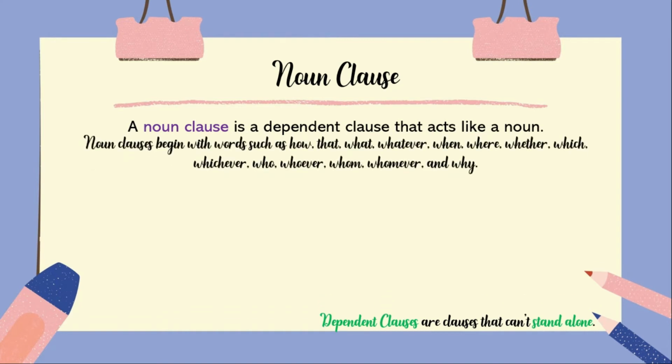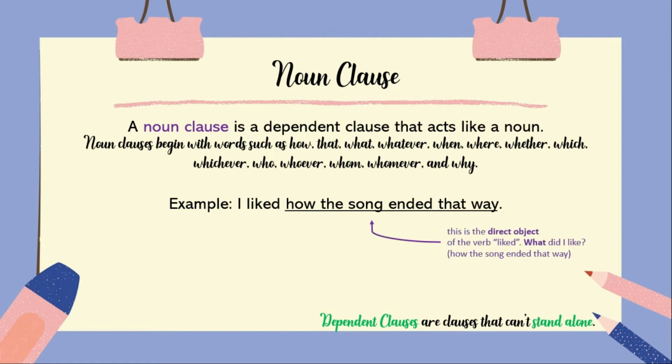Noun clauses begin with words such as how, that, what, whatever, when, where, whether, which, whichever, who, whoever, whom, whomever, and why. Example, I liked how the song ended that way.